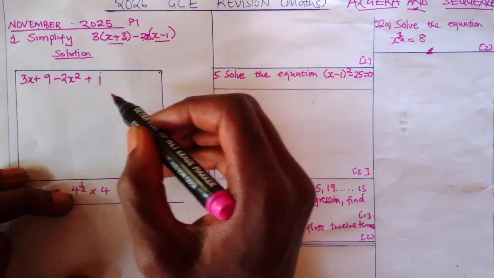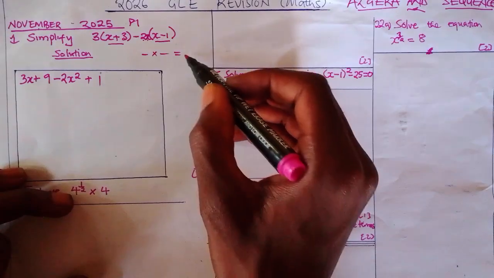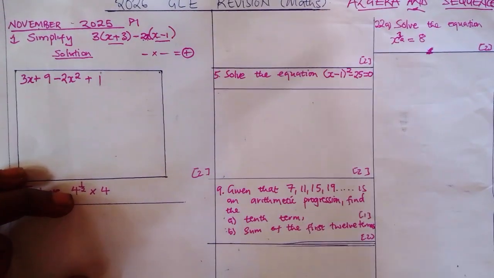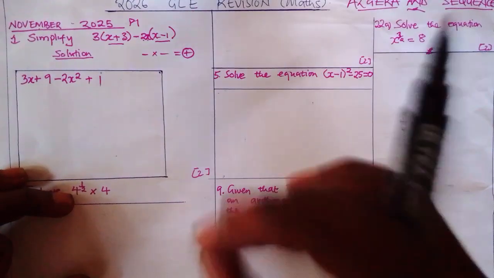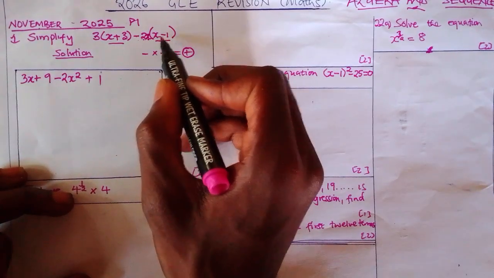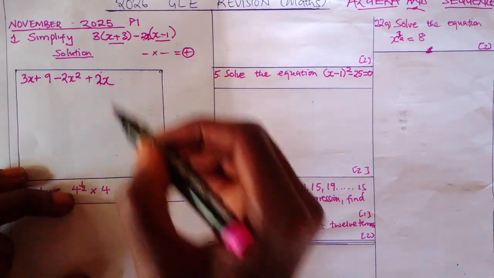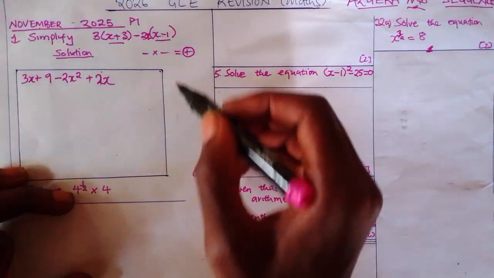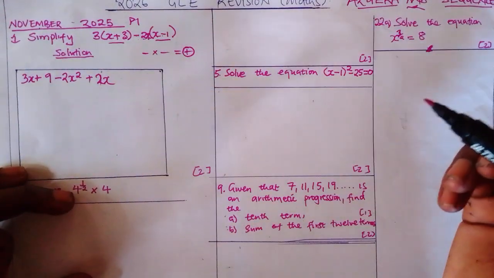The signs also matter. Negative multiplied by negative is always positive. These simple steps are what students overlook and get the answer wrong. Also, when you multiply negative 2x times negative 1, we get positive 2x, not negative 1. And as I was saying, this is where students get the answer wrong.